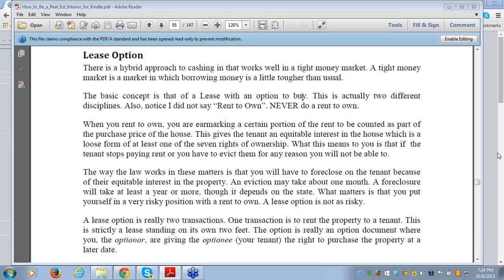I want you to remember this and tell this to your clients. Would you imagine they will be happy to lock into prices now if there's a belief that prices will drop over the next 1 to 3 years? You better believe it. So lock into a price now with a lease option, sell it later. There are a lot of benefits to that.